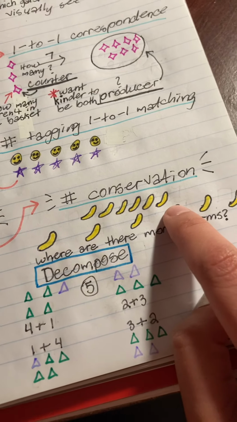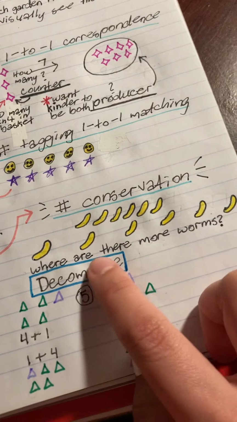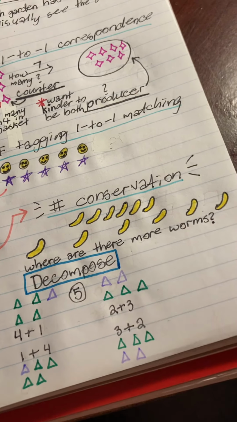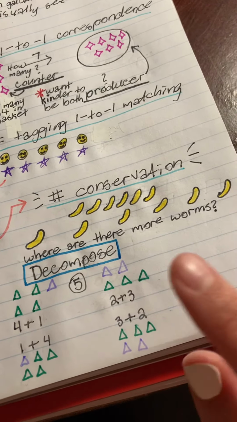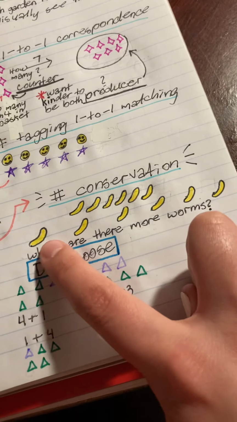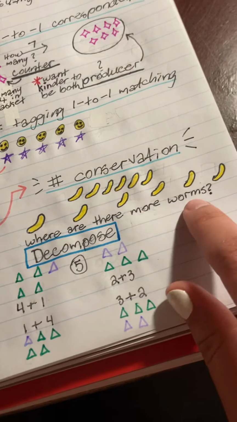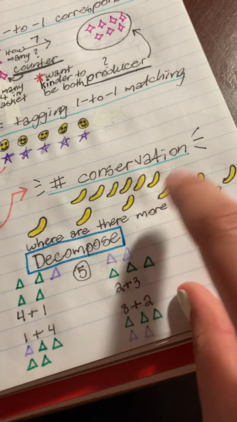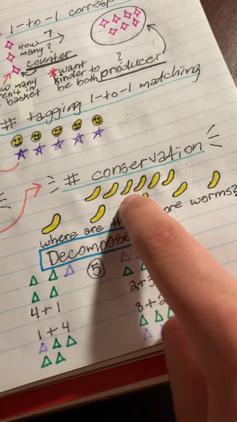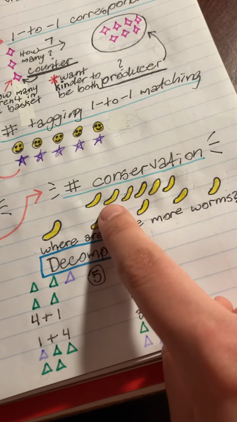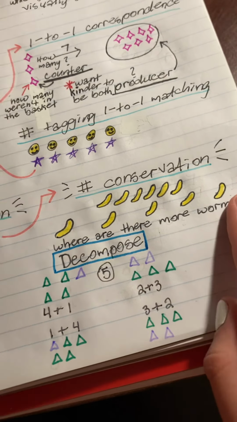There's 6 worms. And where are there more worms, which would be asked to the students. And some of them may say that there's more on the bottom because they're more spread out, but they actually have the same amount because these ones are also 6, except they're just closer together and aren't as separated.